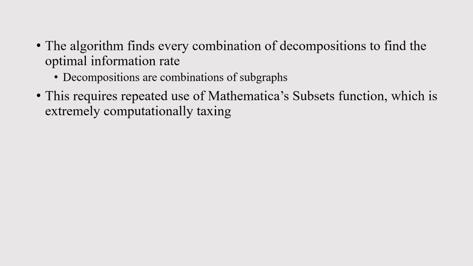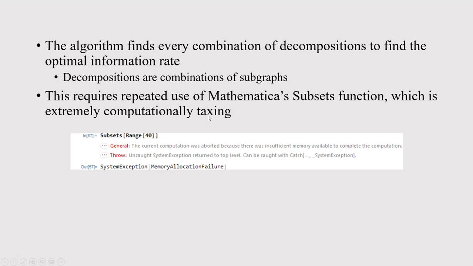And when you try to take every combination of a list hundreds of indices long, you're putting too much strain on Mathematica's subsets function. As you can see, it can't even handle finding every combination of a list of length 40. You can't expect it to find every combination of a list of length 100.